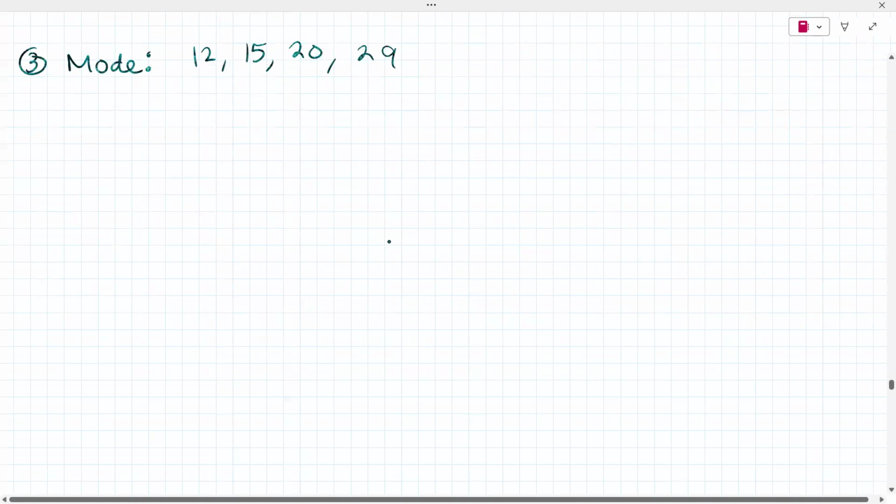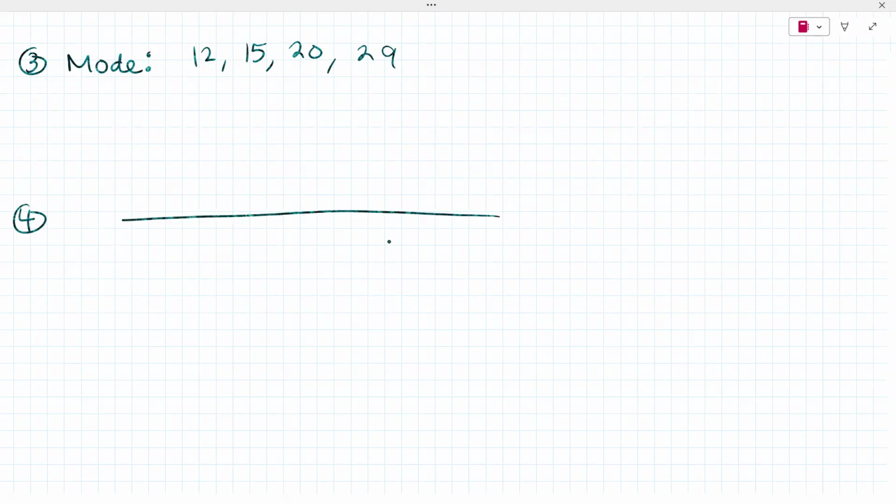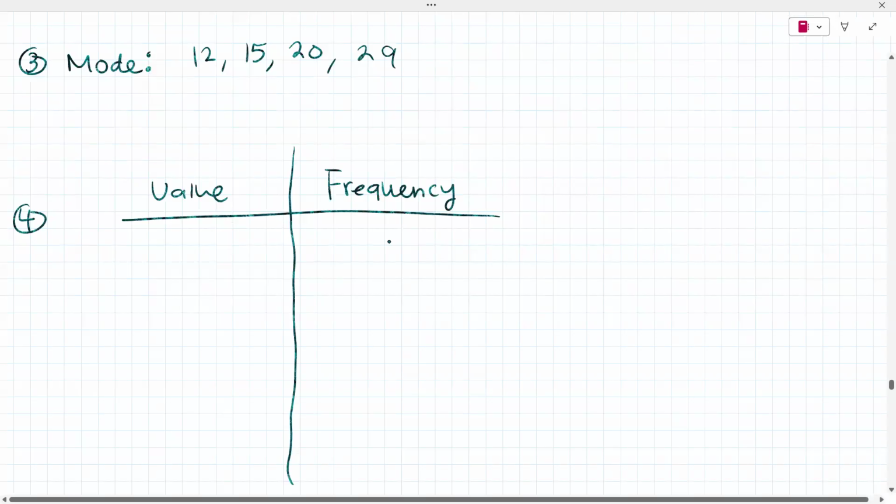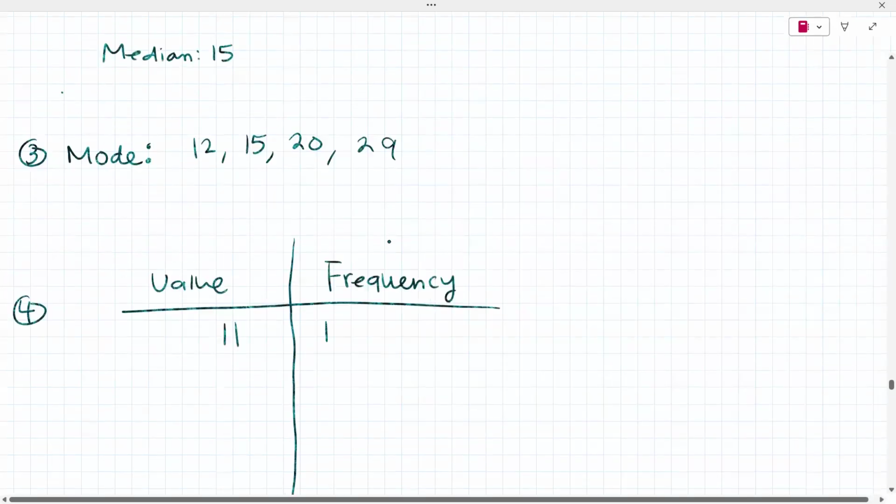Okay, so let's make a frequency table. We could put value here and frequency there. Let's start with number 11. It looks like it only occurred once, so we put 1 here.